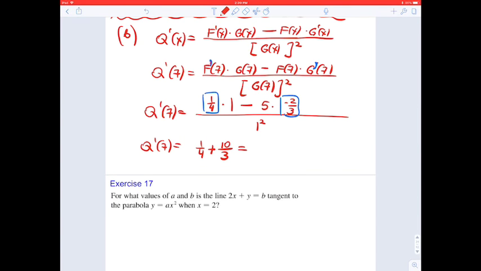We can try to get the common denominator, which will be 12. 1 times 3, 4 times 10. 43 over 12. That's the final answer. I'm just trying to double check, but I believe it's 3 and 40. And negative will give me positive. Okay.